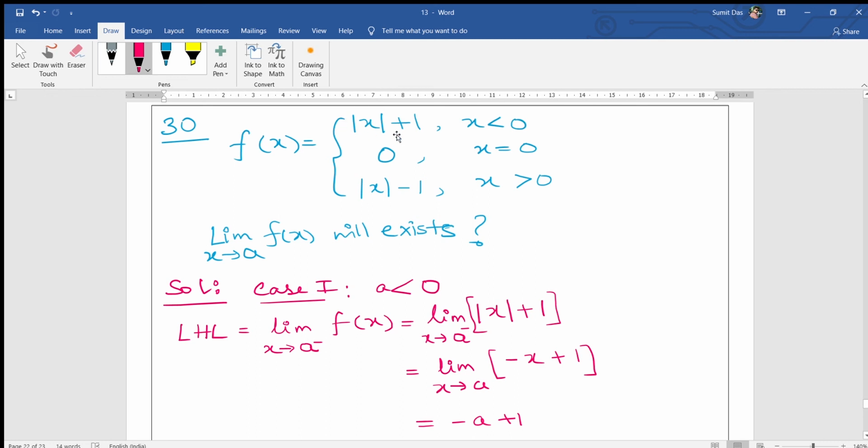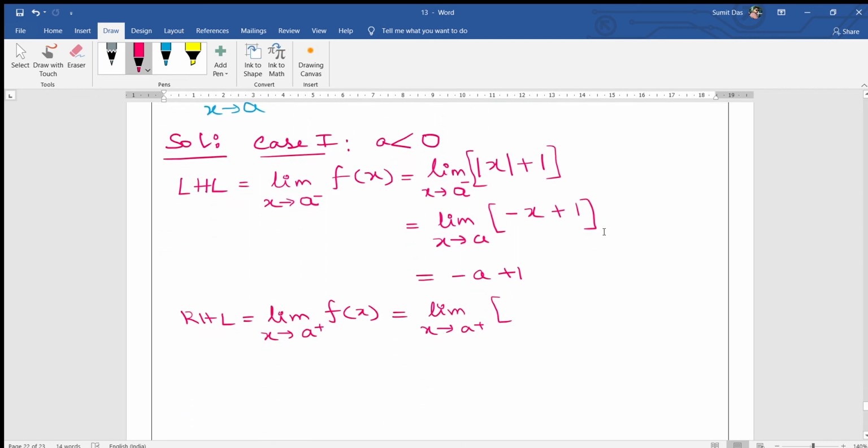So we have to use x less than 0, modulus of x plus 1. Many students made the mistake, so I told you this is an important question. I told you we'll consider three cases: a less than 0, greater than 0, and equal to 0.